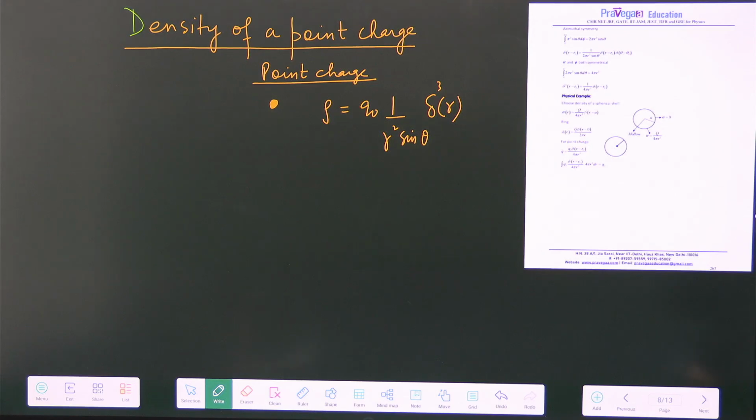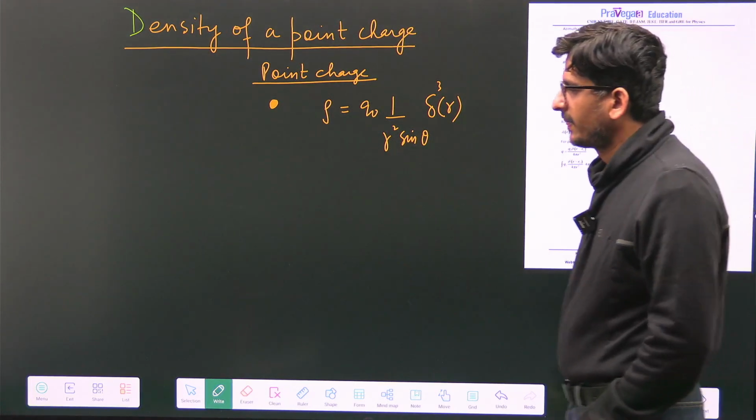Okay, delta 3 r. Yes, this is how we represent the charge density of a point charge.